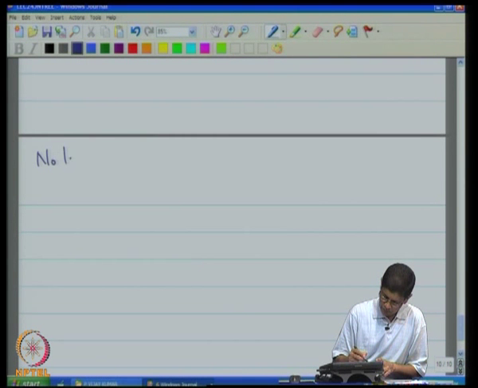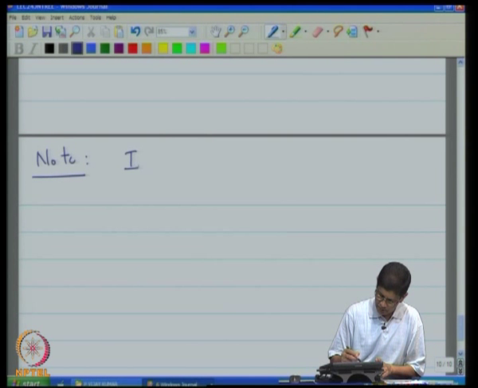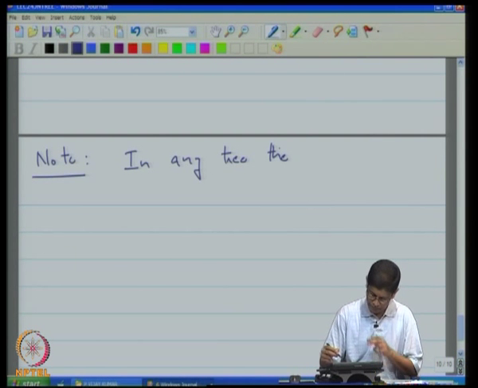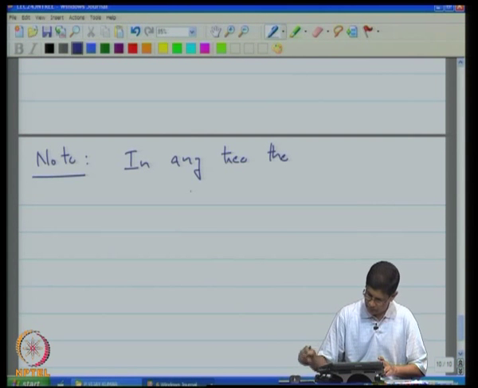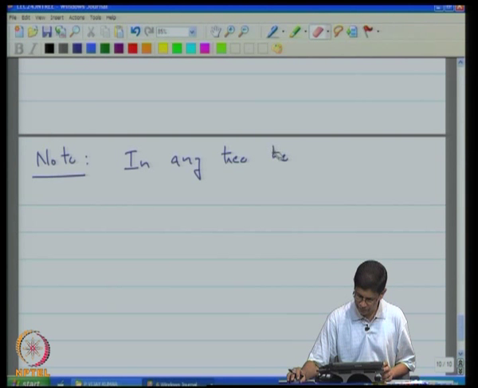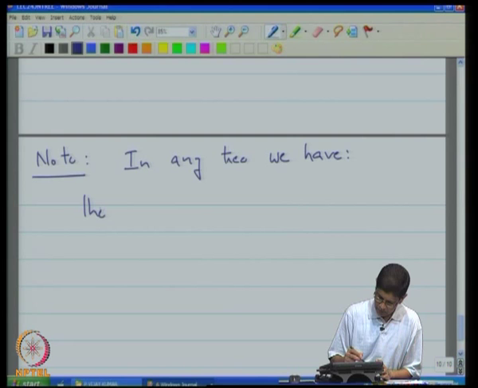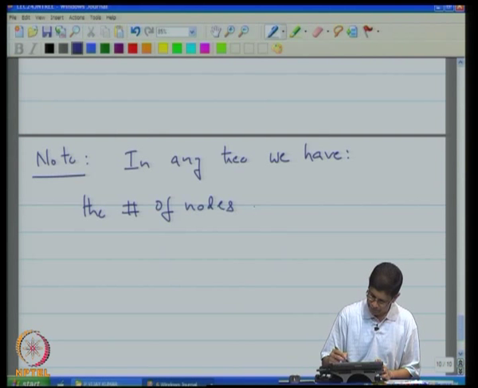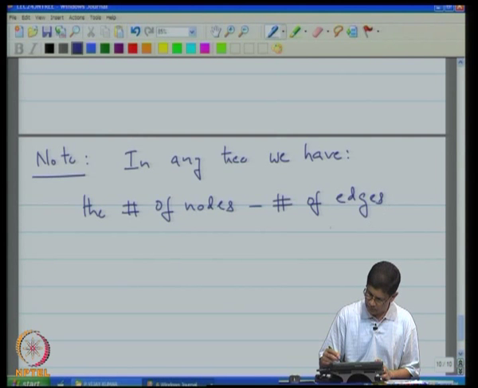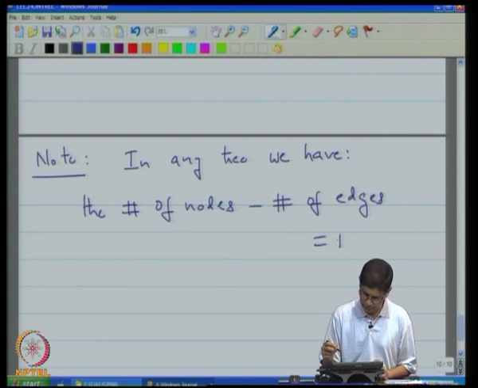Note, in any tree we have that the number of nodes or vertices minus the number of edges is equal to 1. Okay.